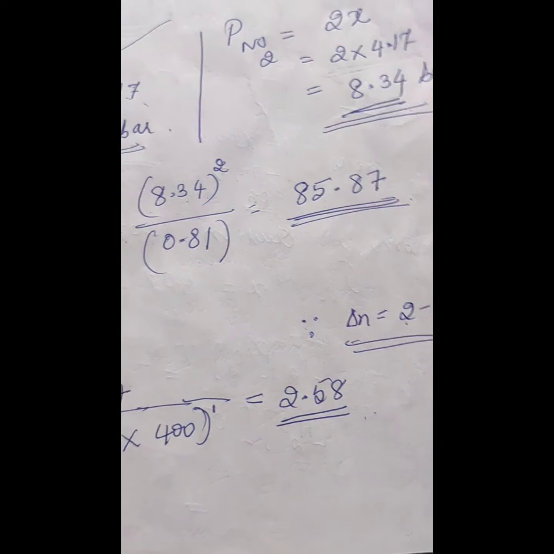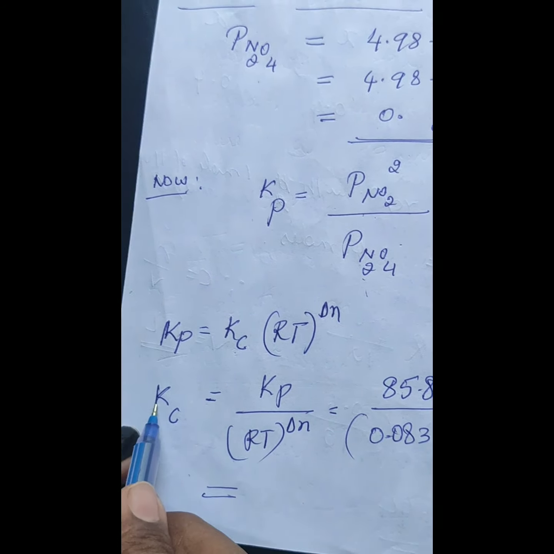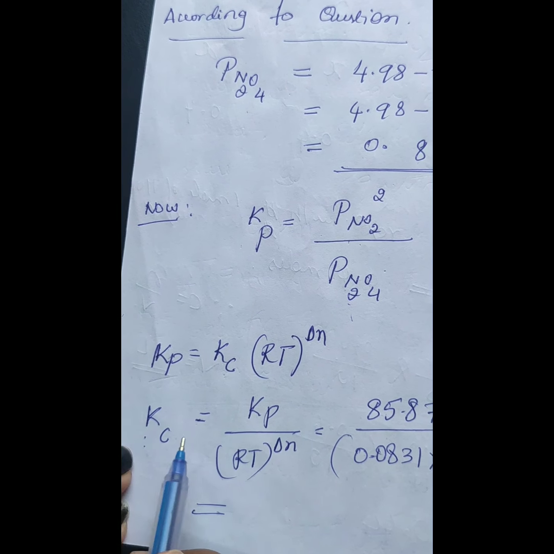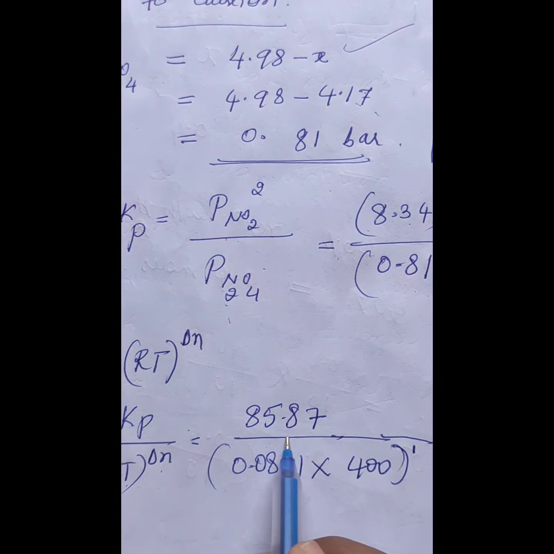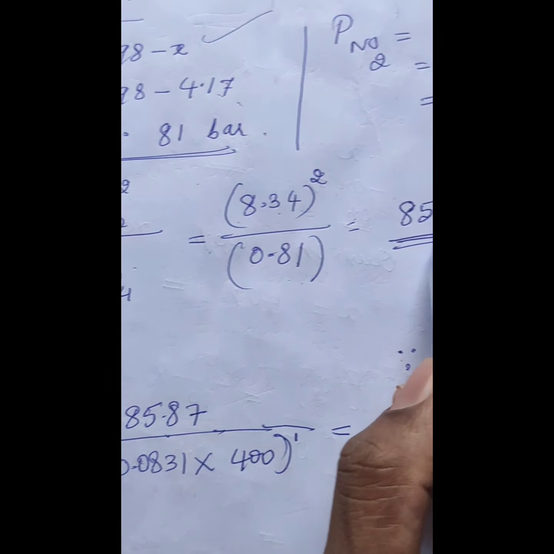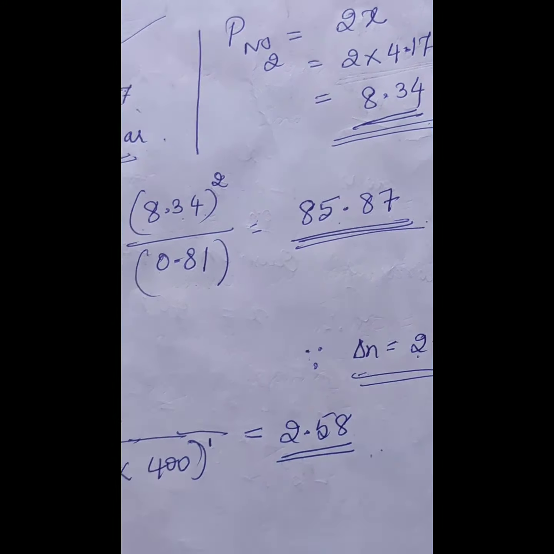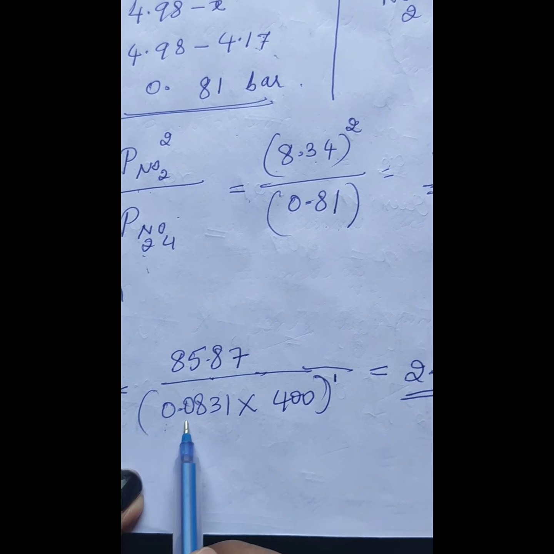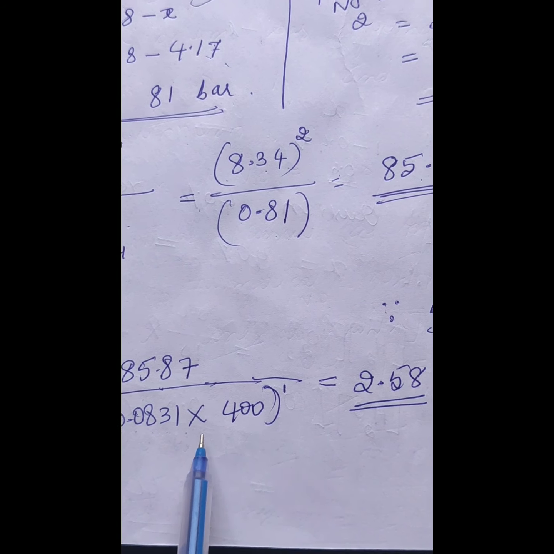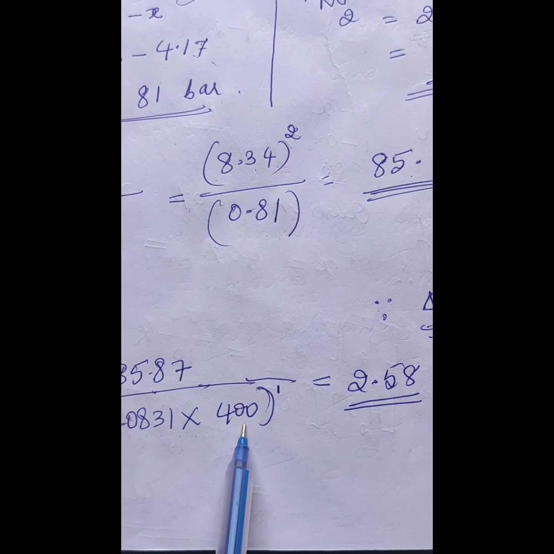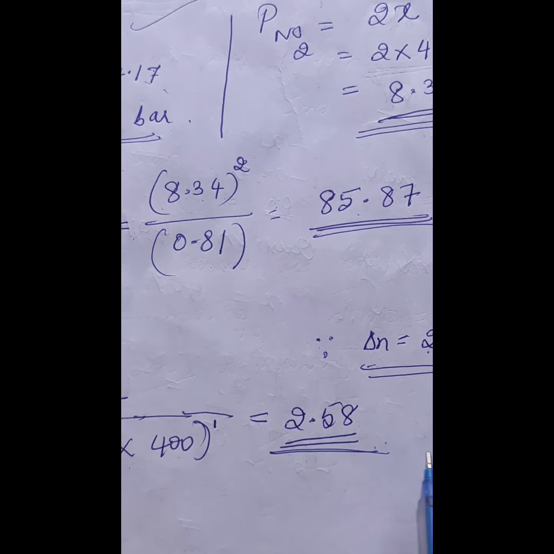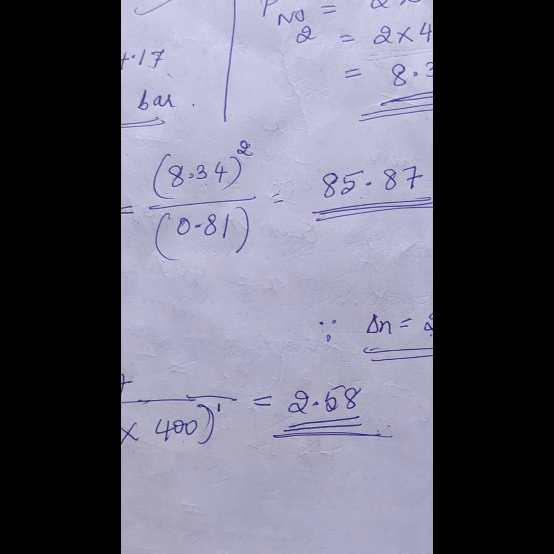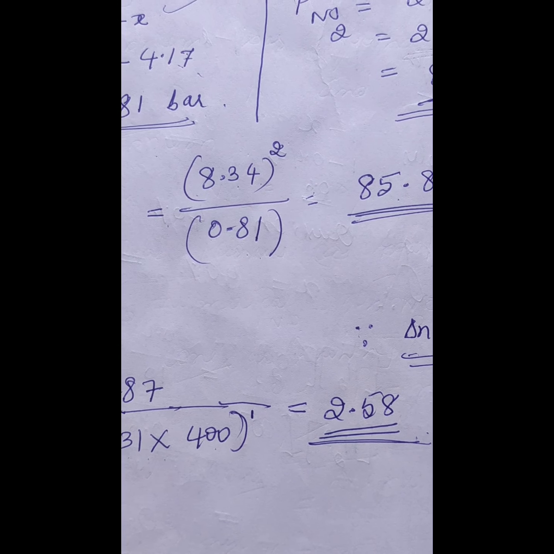That's all. Rearrange the formula since you have to calculate Kc. Kc will be equal to Kp by RT to the power delta N. Substitute the value of Kp you have got above, and the R value is 0.0831 as you all know, into temperature 400, and then simplify, you will get the value of Kc, that is equal to 2.58.